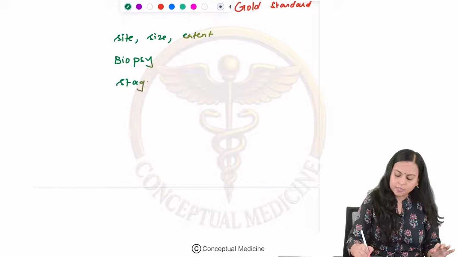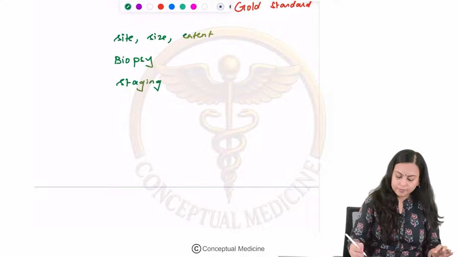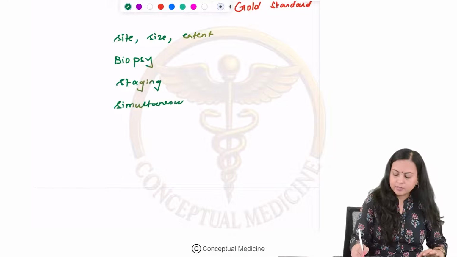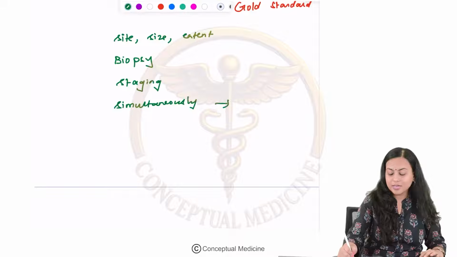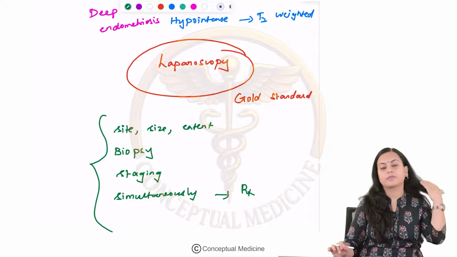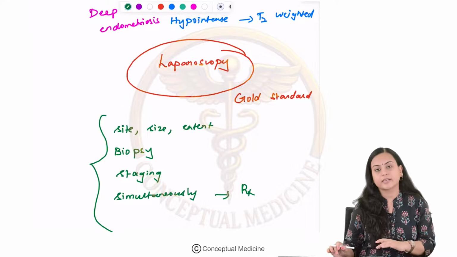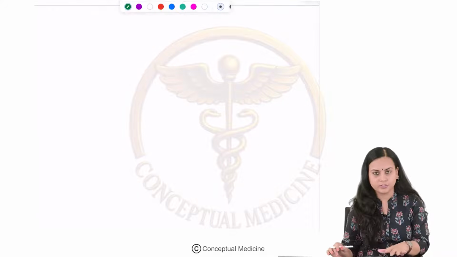Staging of endometriosis can be done simultaneously. I will be explaining about it shortly. Then simultaneously we can remove the lesions, that is, the treatment can also be done. So these are the advantages of doing laparoscopy in a woman with endometriosis, and hence laparoscopy is considered the gold standard investigation for endometriosis. Clear?